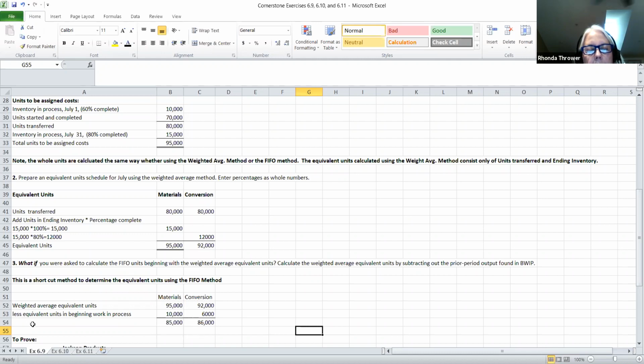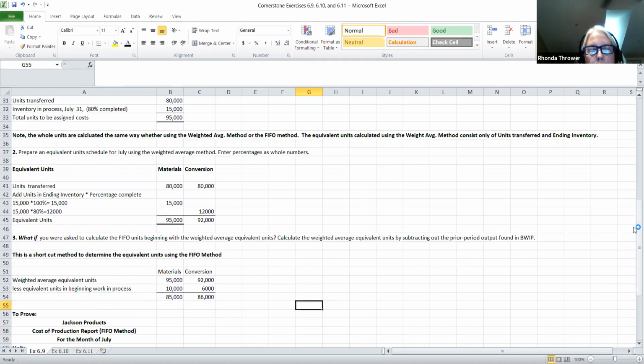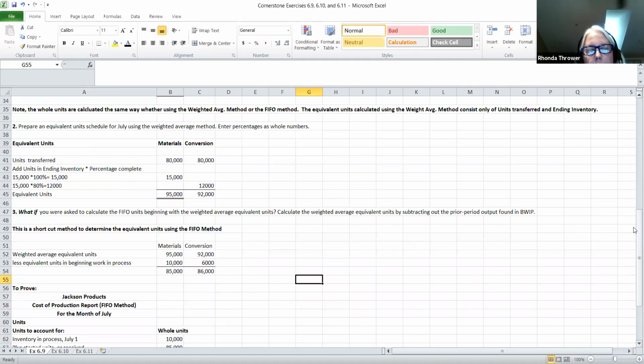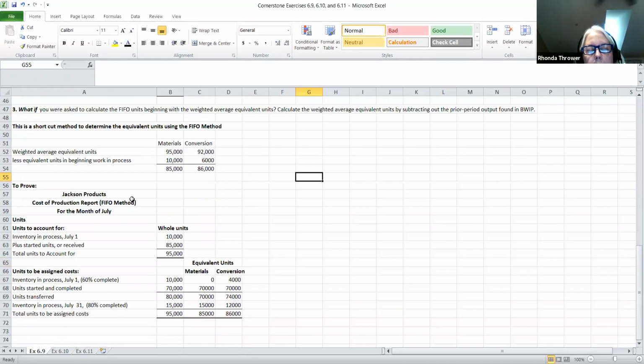Now, I didn't like to just leave it like this. I just wanted to prove it to you. So to prove it to you, I went back and recreated the top portion of the cost of production report for the FIFO method.